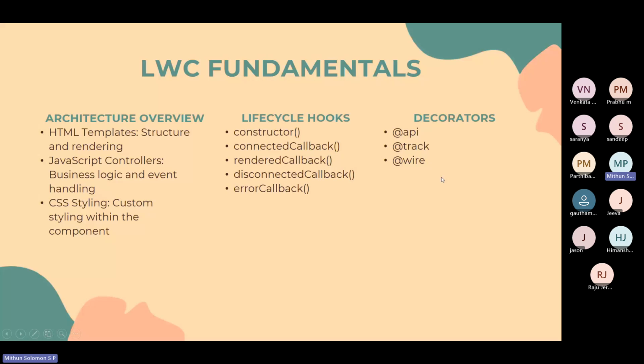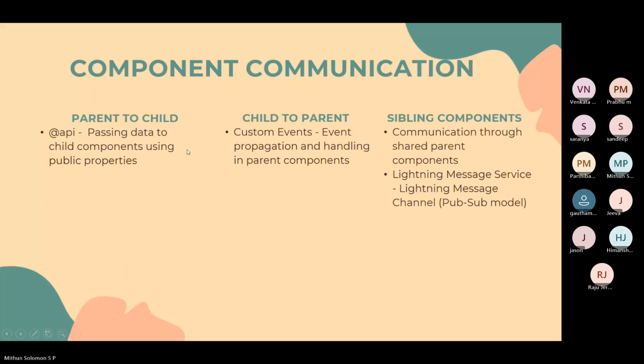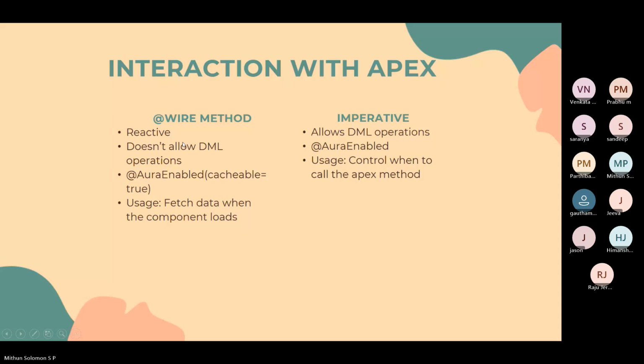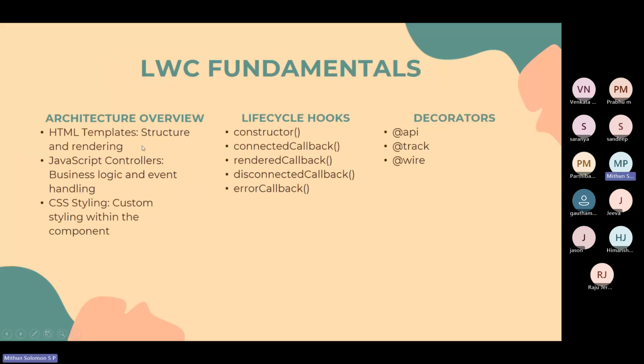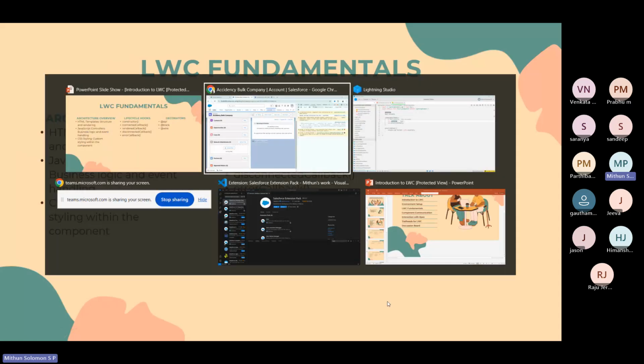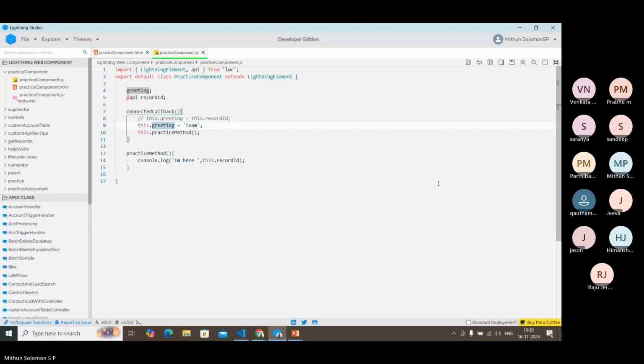So this track decorator is actually used to make the properties reactive. So when we make any change over here, it needs to be reactive in the UI as well, right?